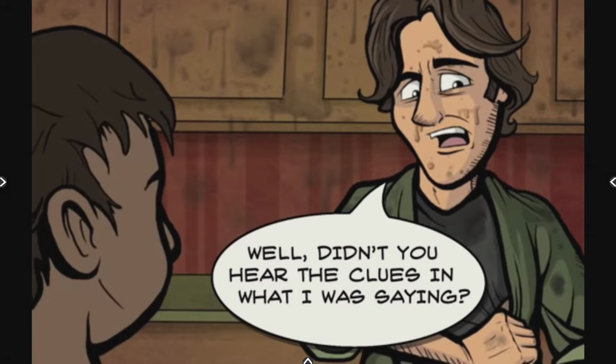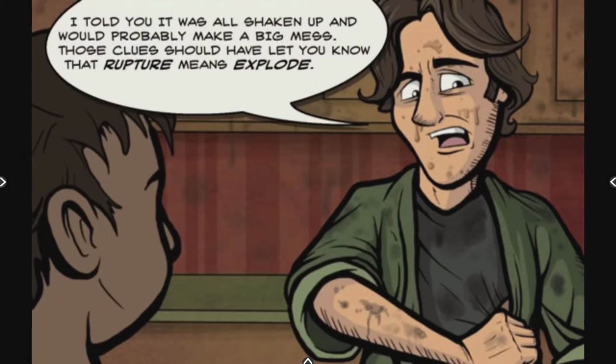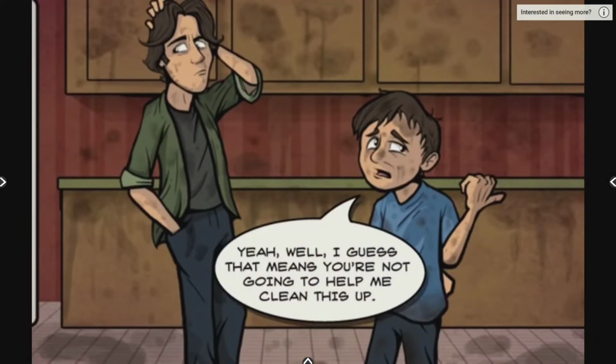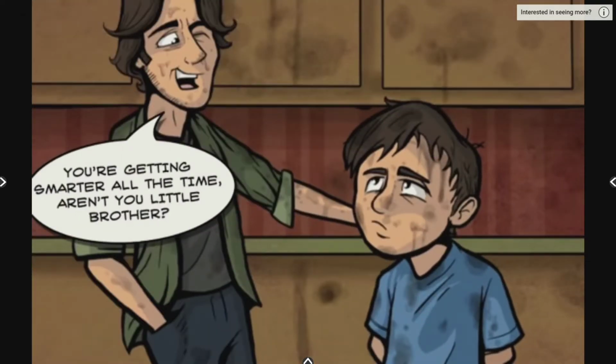Well, didn't you hear the clues in what I was saying? I told you it was all shaken up and would probably make a big mess. Those clues should have let you know that rupture means explode. Yeah, well, I guess that means you're not gonna help me clean this up. You're getting smarter all the time, aren't you, little brother?